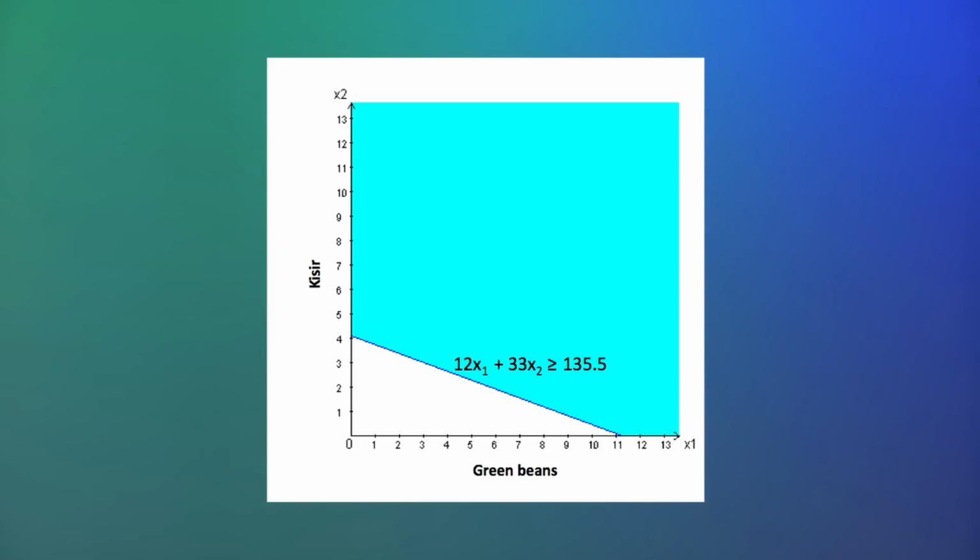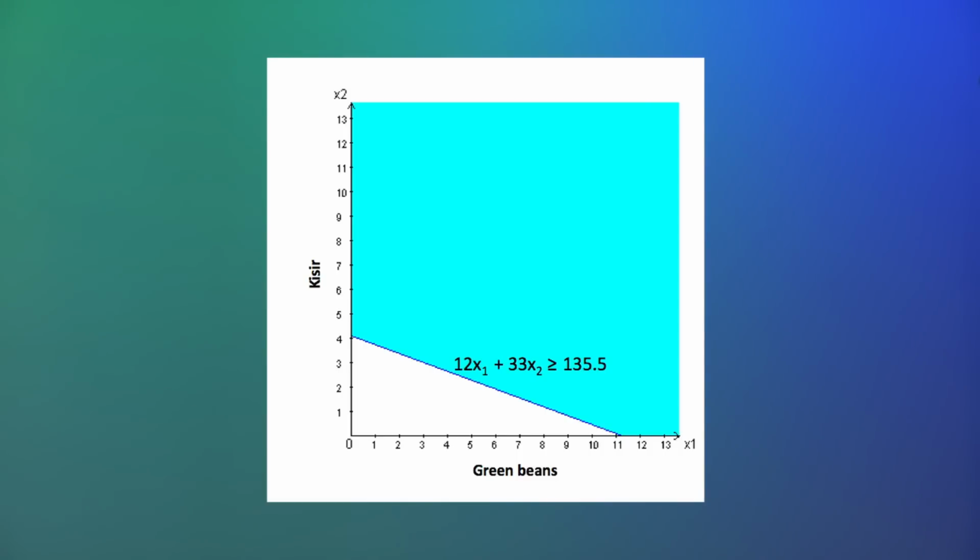If x1 is equal to 0, we must have x2 equal to 4.1. That's our first point. If x2 is equal to 0, then we have x1 as 11.3. And this is our second point. These 2 points lie on the barrier line.